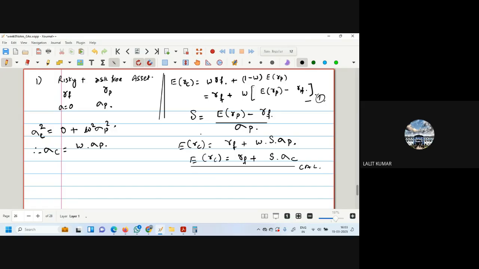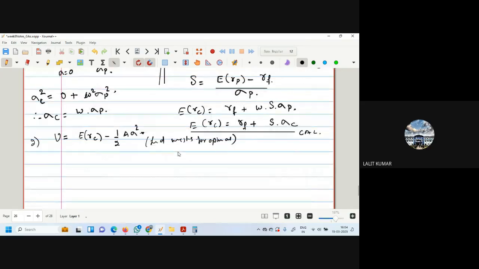Okay. Number 2, if some utility function has been given to you, the utility function is generally like this, ERC minus half A sigma square. Then they will ask you to find weights for the optimal solution.